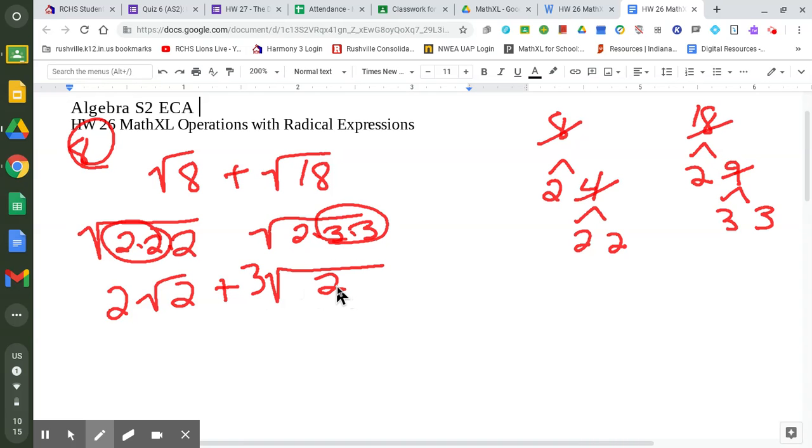And now that they're simplified, they do have the same radical. So I just add the 2 and 3 on the outside and get 5 square root of 2. And that is my answer.